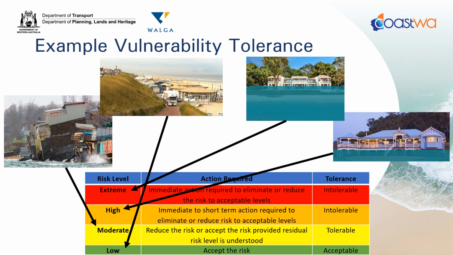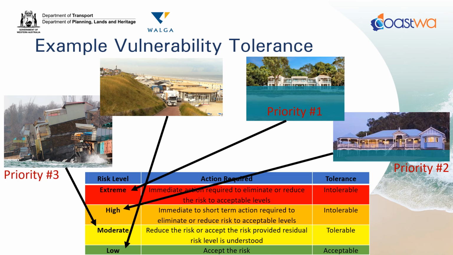to the lower levels. So the priority number 1 would be around this slab on ground traditional house where there's a high level of inundation. Priority number 2 would be around the Queenslander style house where there's inundation around the base of it.